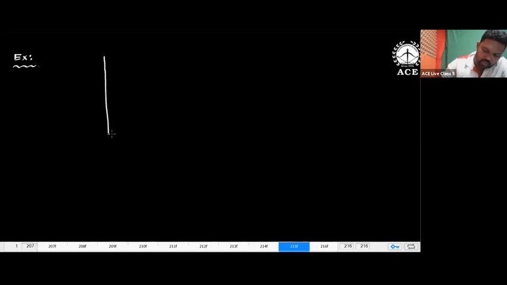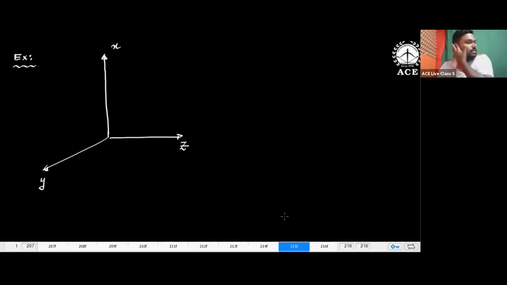I am taking two loops here, beta. Here it is the x-axis, here the y-axis, here the z-axis. Okay. Here is a loop, beta. Here is a loop, beta.